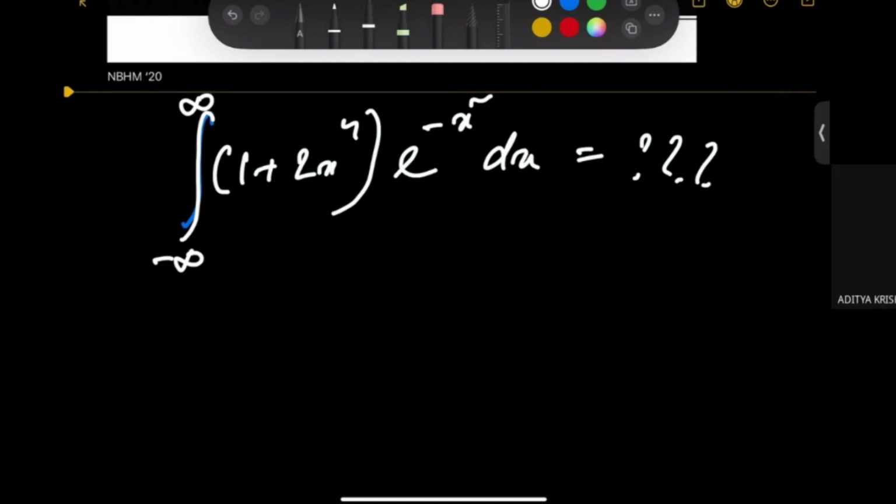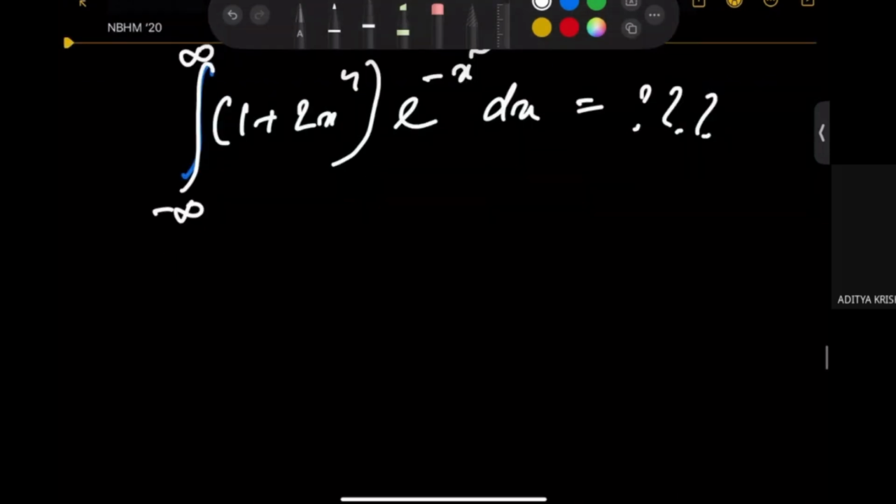Maybe we can evaluate the integral as two functions. Yes. Which kind of functions? That means 1 plus 2x raised to 4 and e raised to minus x squared. Can we evaluate separately?